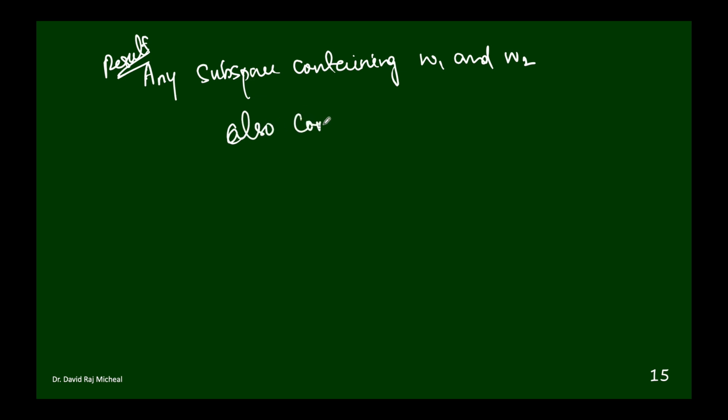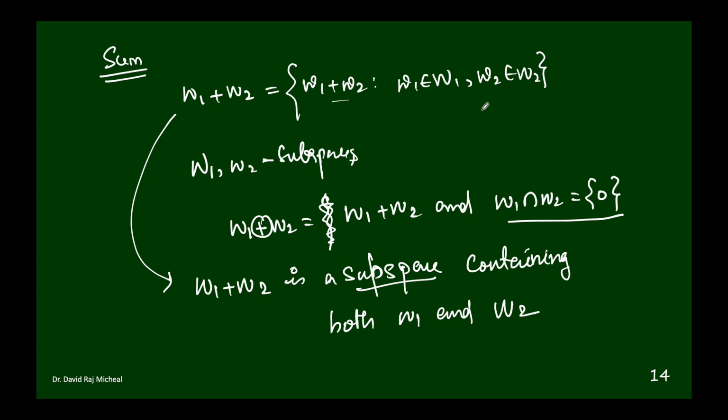I'm not going to verify it right now. It's clear. So for the same reason, W1 direct sum W2 is also a subspace. There is no question on it.